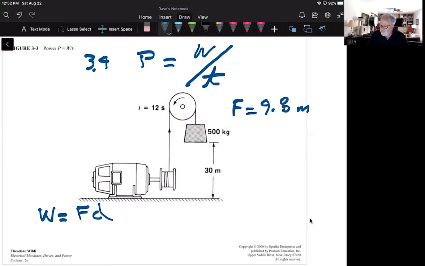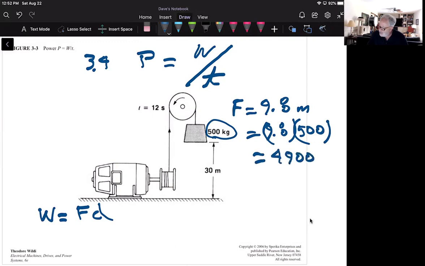For a lot of these problems, you start there. So it's 9.8 times the mass of 500 kilograms, and he says in our textbook that that is 4,900 newtons. That's really what you would call part one of this. The 4,900 newtons we can put in to determine the work.